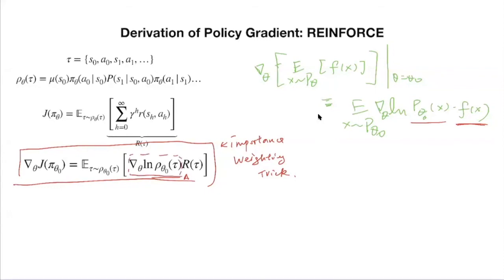We don't know the trajectory likelihood because P is unknown. It exists, we can define it, but we cannot calculate it. We cannot use TensorFlow to calculate it, for instance. This is not a good sign, because we can't implement this expression for rho theta, because P is unknown.